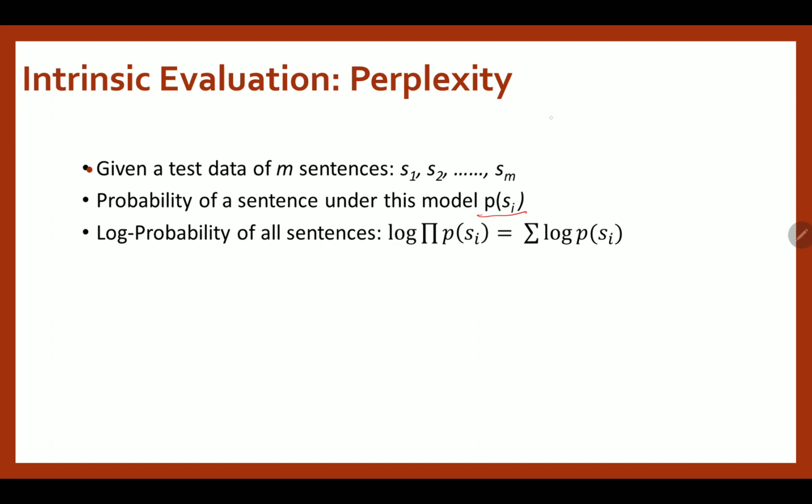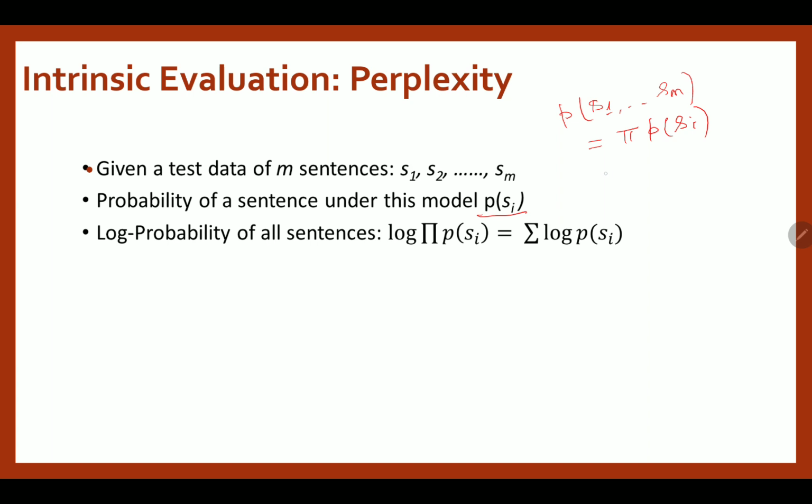So basically the perplexity is defined in terms of the joint probability distribution over all sentences. You assume that each sentence is independent, so you can write that as a product of the probability of each sentence.